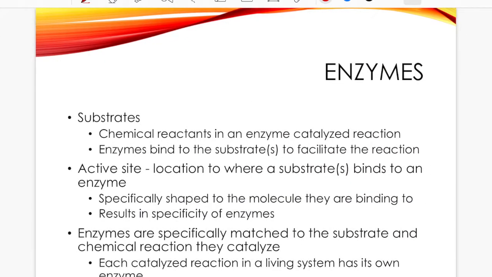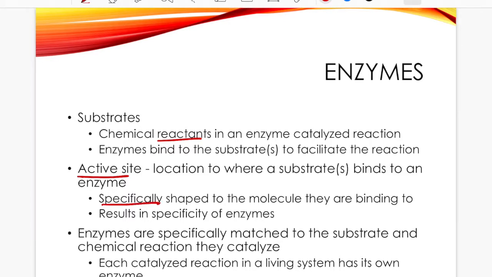Like I said, substrates are the chemical reactants in an enzyme catalyzed reaction. Enzymes will physically bind to the substrate, so they will form typically covalent bonds to facilitate their reaction, to hold those substrates in place. And they do that at a location called the active site. It's just the location where the substrate attaches to the enzyme. Now, they are specifically shaped to the molecule that they are binding to.